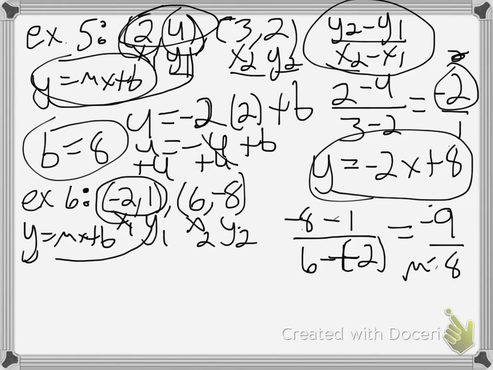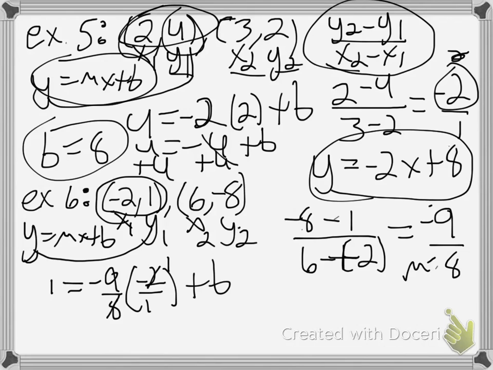So we're going to put this y right here: 1 equals negative 9 over 8 times negative 2 over 1 plus b. We can cross cancel. That'll be a negative 1 up there, that'll be a 4. So now we have 1 equals 9 over 4 plus b.